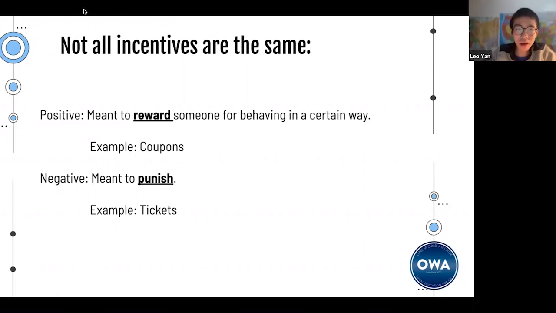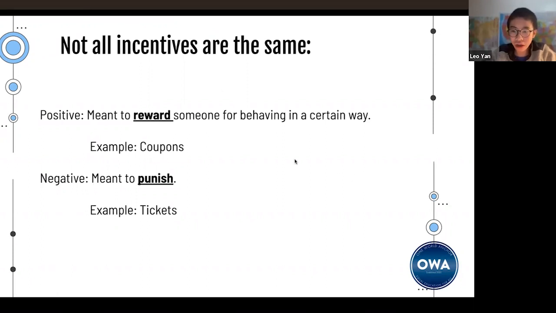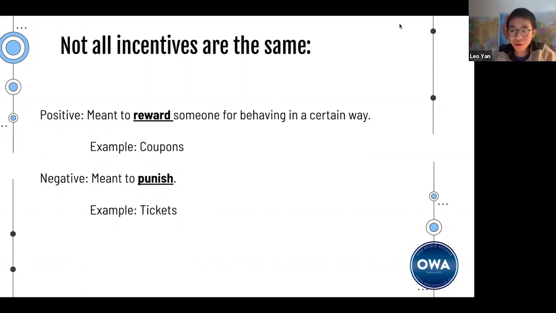If you commit a crime, then you would have to go to jail, right? So that's trying to discourage you from committing the crime. As you can see, that's another negative incentive that's meant to punish. The government wants to prevent you from committing this crime, so they tell you what's going to happen if you do.